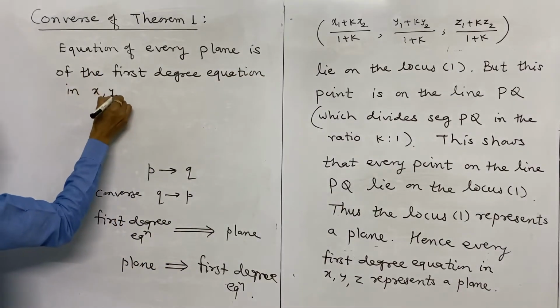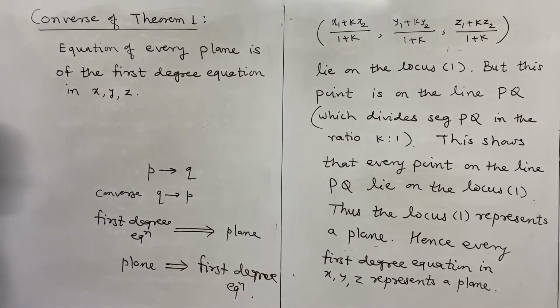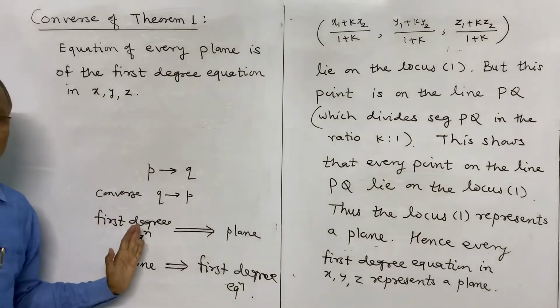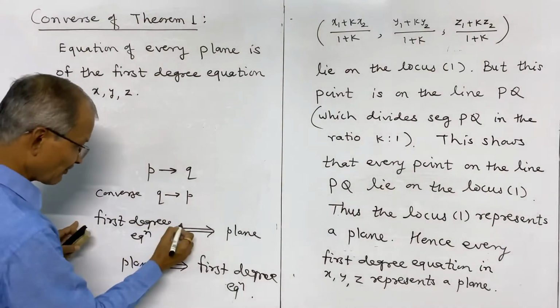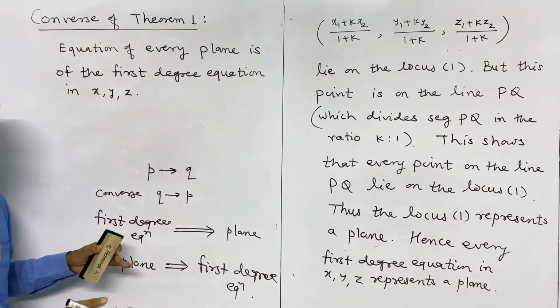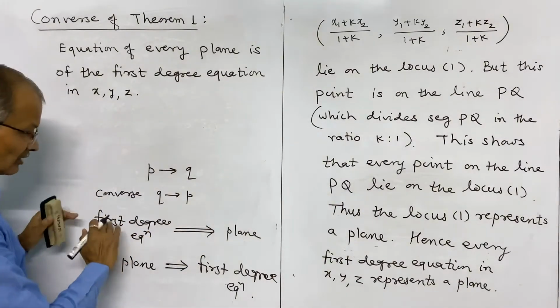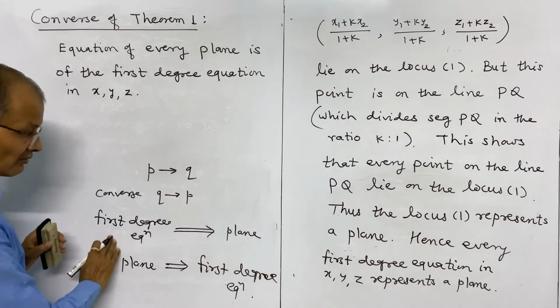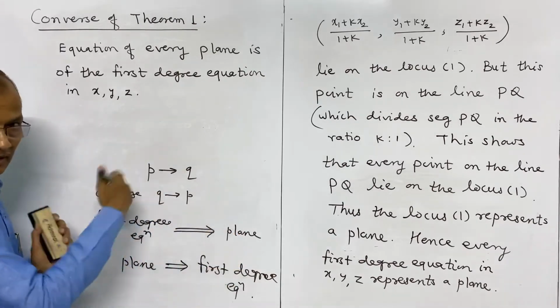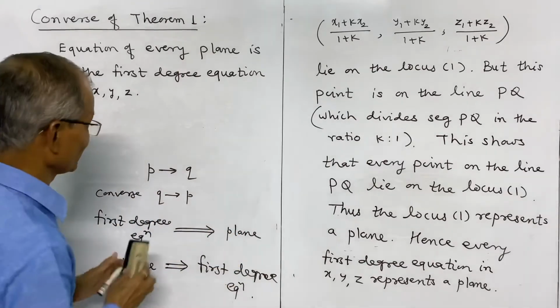So this is the converse result we have to prove, and that means these imply each other, or they are equivalent.